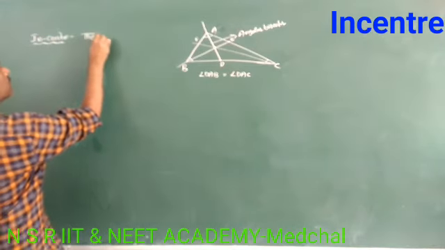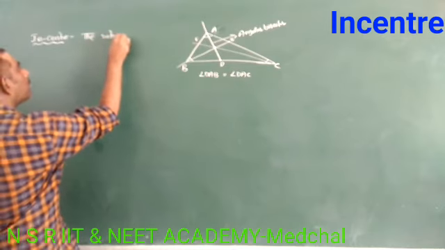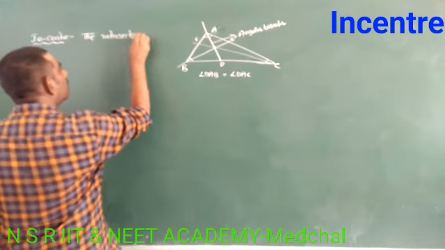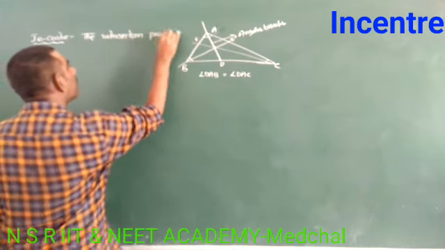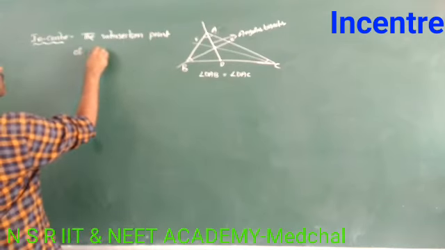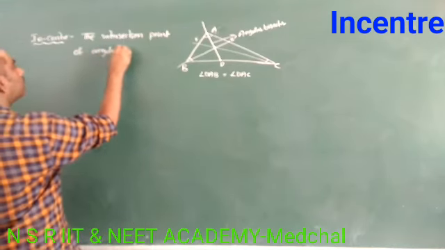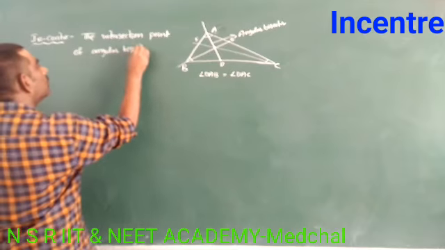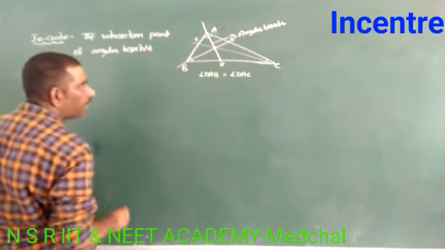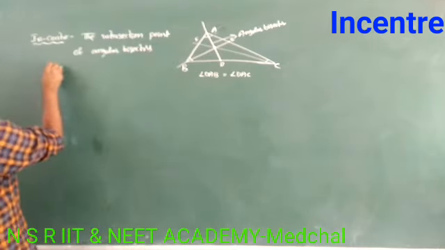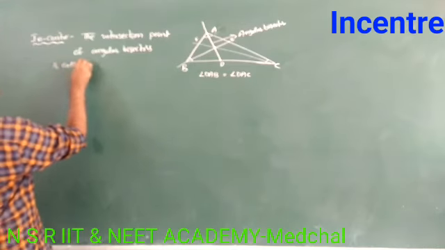The intersection point of angular bisectors is called the incenter.